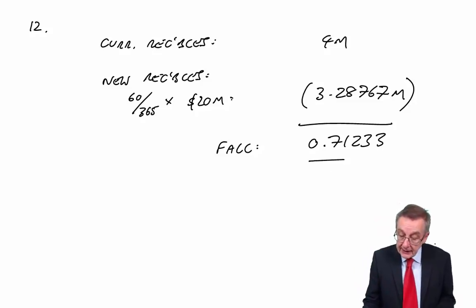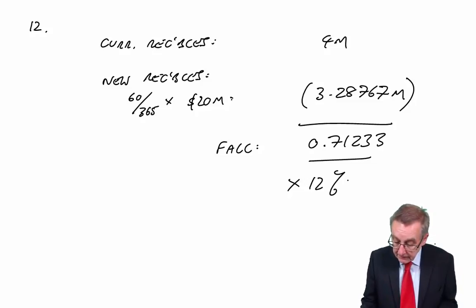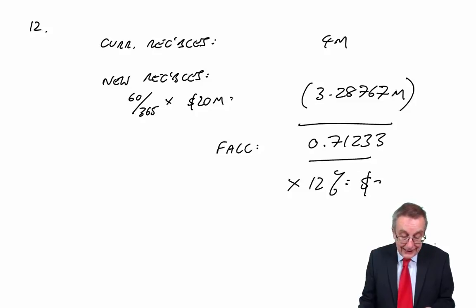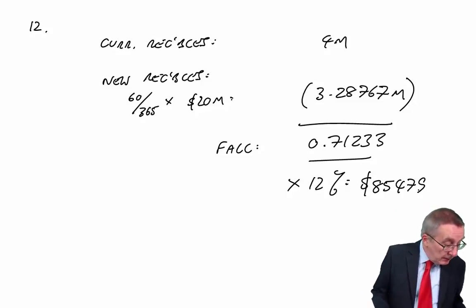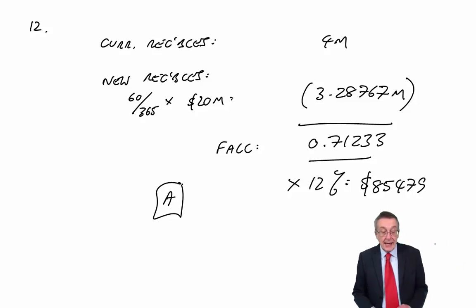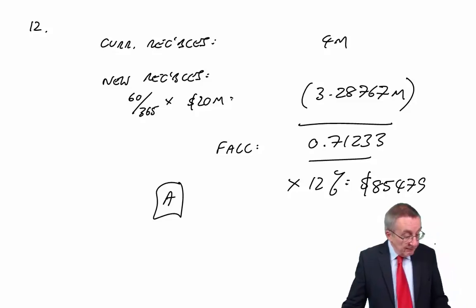Keep it in the calculator, but the interest saved as a result, at 12% a year, I get 85,479.452, which, yes, is one of the choices. The answer is A.